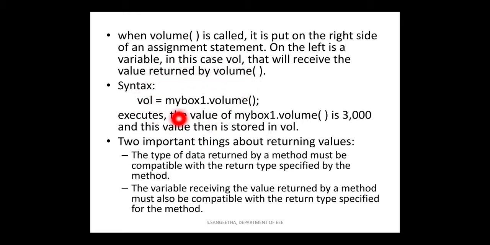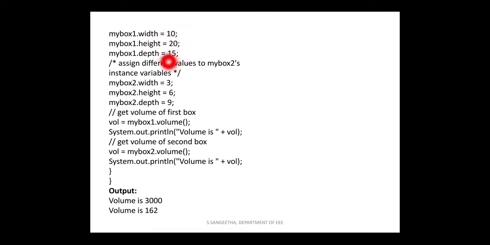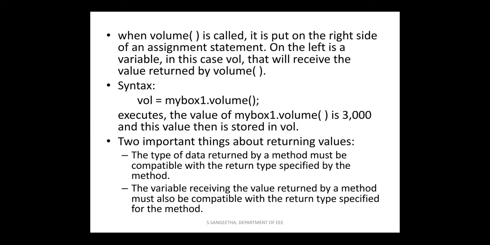That is the syntax here. It will execute, the value of mybox1.volume is 3000, and then store the value in vol. That means it executes 10 into 20 into 15 as 3000, and stores the value in vol. Here the value will be stored.